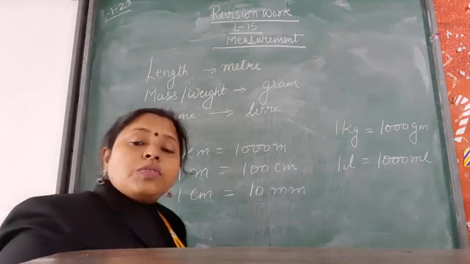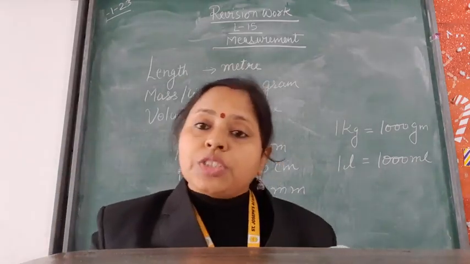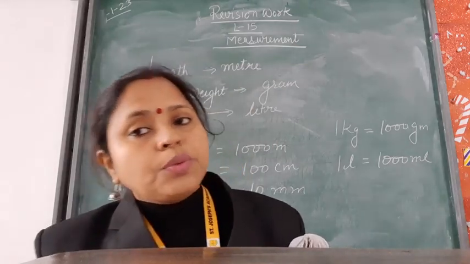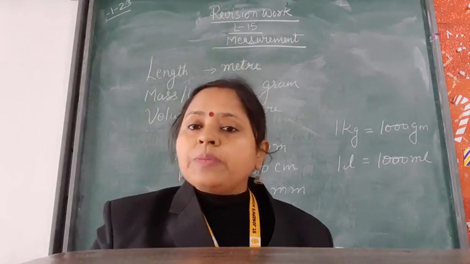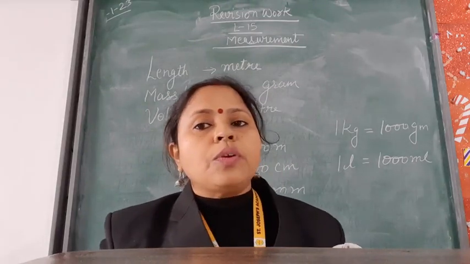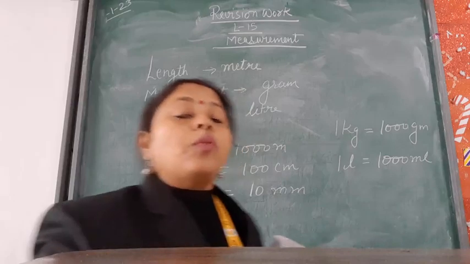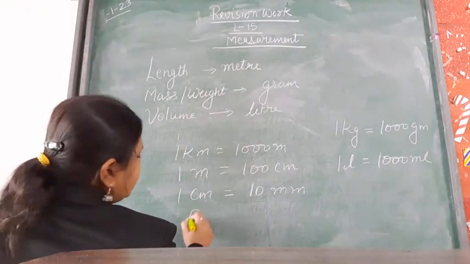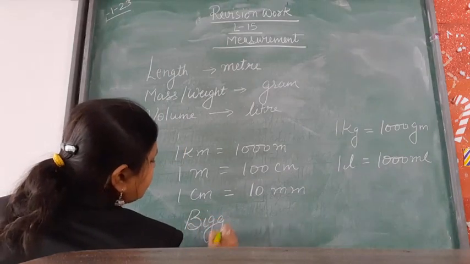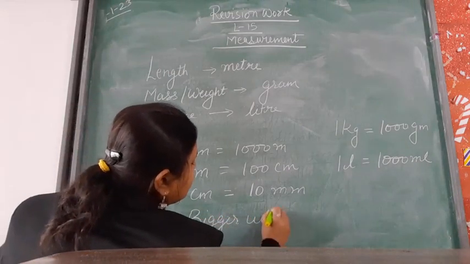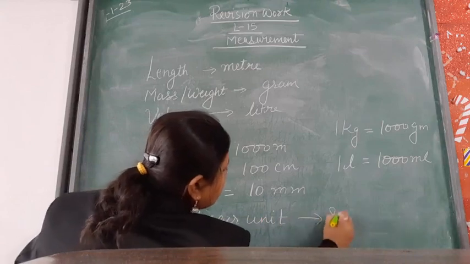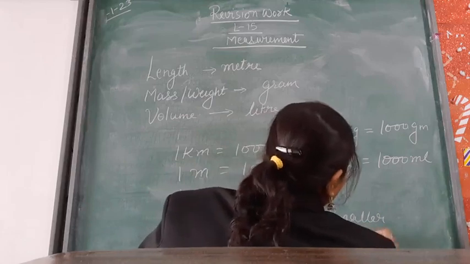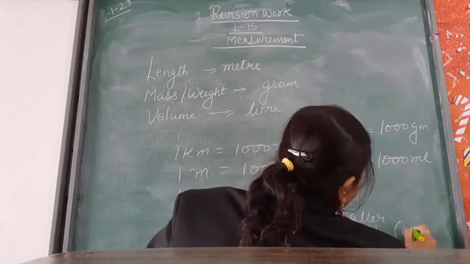Now children, as we all know, we have learned the conversion of different units, that is how to convert one unit into another unit. There is one basic principle of conversion. And what is that principle? Whenever we are changing a bigger unit to a smaller unit, we multiply.